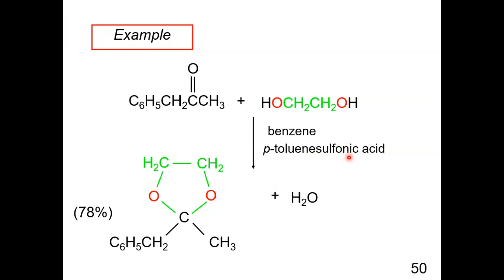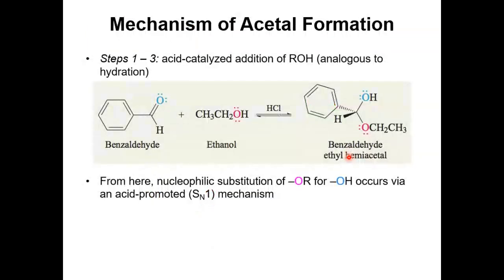So you have the benzene ring connected to the sulfonic acid, making it more soluble in organic solvent. This is basically an organic version of sulfonic acid. This is the standard procedure to convert a ketone or aldehyde carbonyl into its acetal or ketal. And this procedure you will see quite a few times in this chapter.